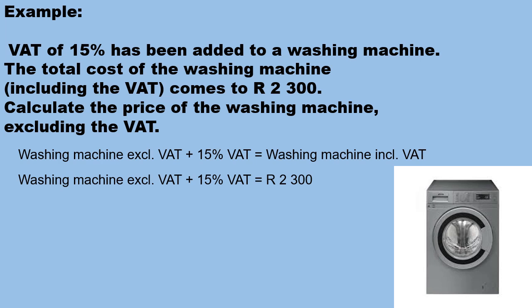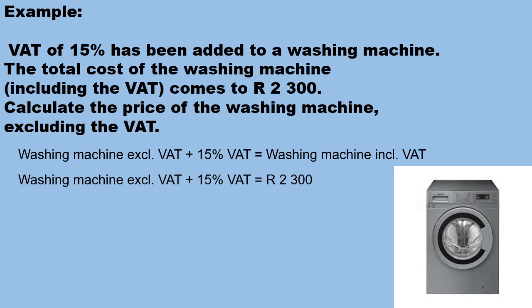So now what lots of you would do in the exams or in the cycle test is you will just go work out what is 15% of the 2,300 Rand and deduct it. Can you do that? No, because you're working out 15% of the wrong amount. Remember when we added percentages, we worked on the original amount.